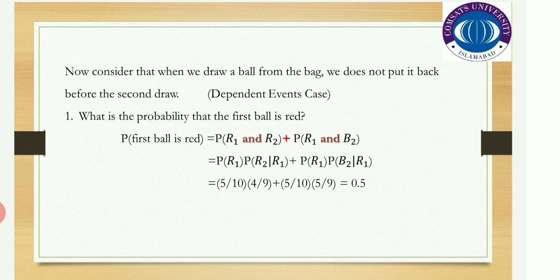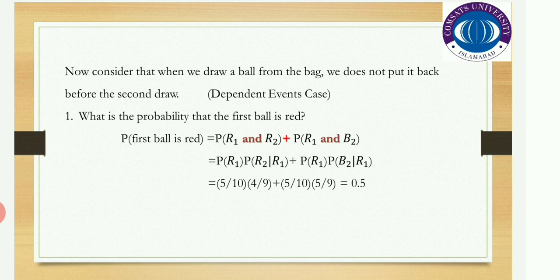Now when we are going to find the probability that the first ball is red, again we will have two cases: the first ball is red and the second ball would also be red, or the first ball is red and the second ball will be blue. By applying the multiplicative law, what will we have?